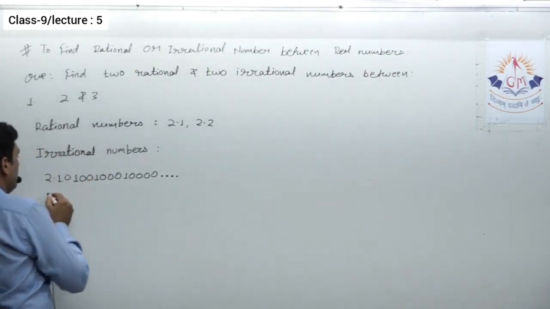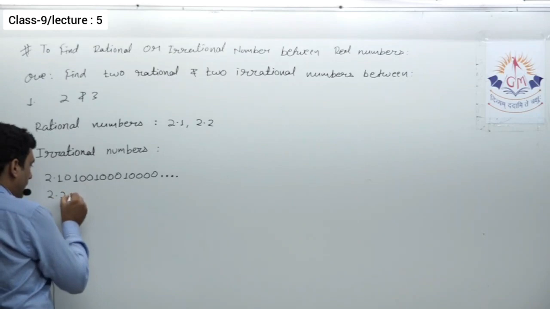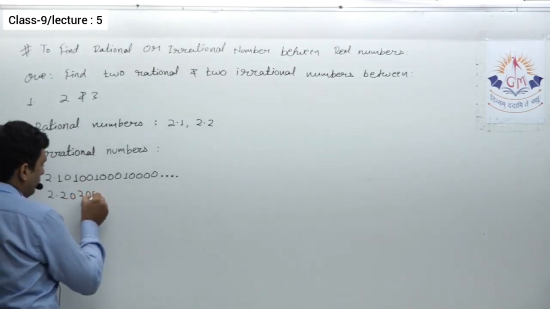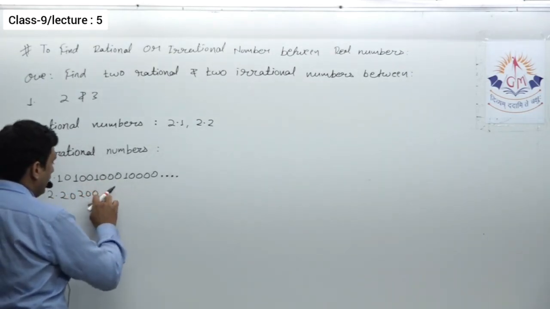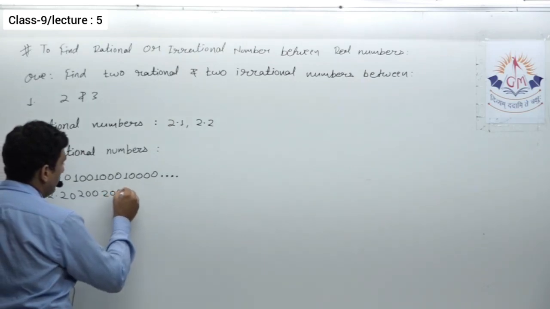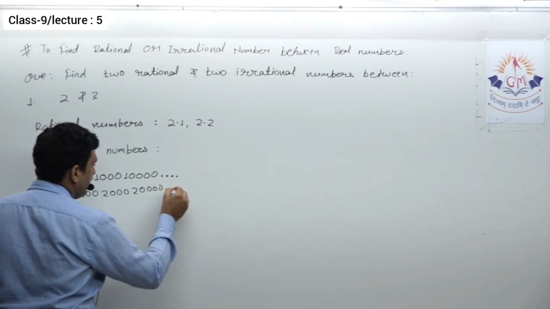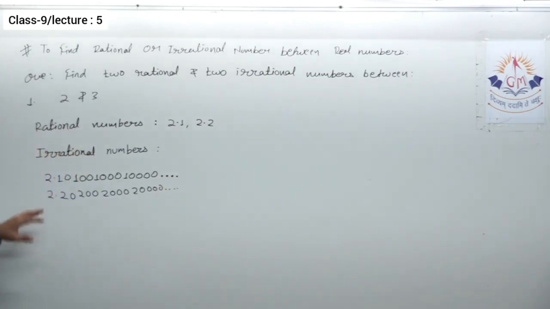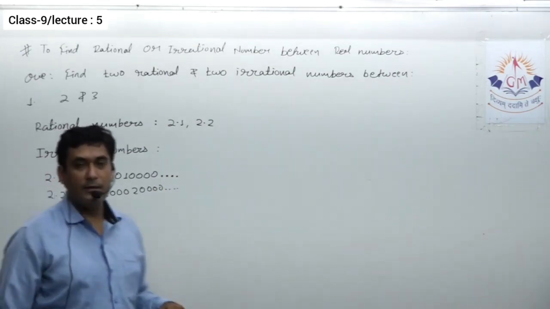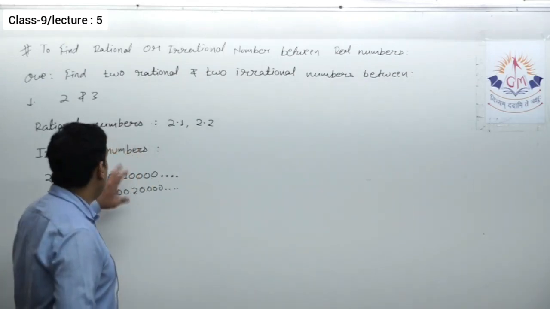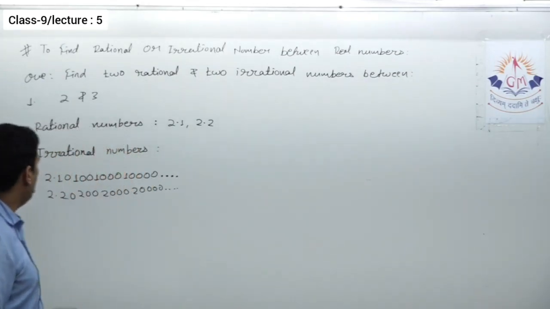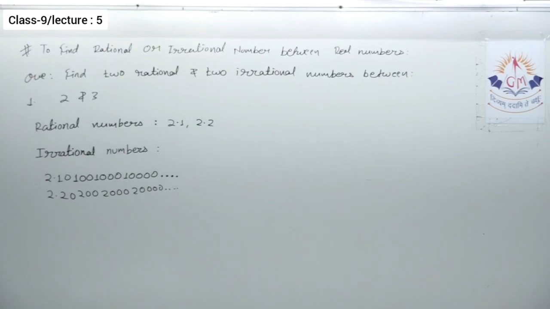Now for the second one I can write 2.2 and I can repeat the same thing, 2 0, 2 double 0, 2 triple 0, 2 four times 0, and so on. Okay, so I hope you got this concept of how to write rational and irrational numbers between two numbers. So note it down, then we'll see the next question.